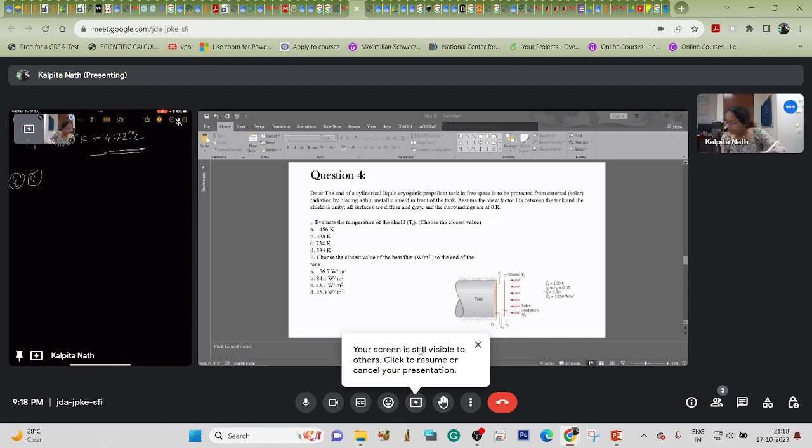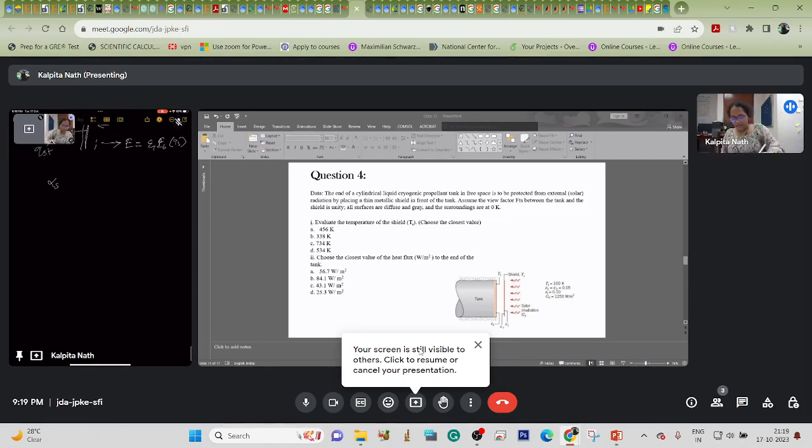So for this question, first of all, if this is the surface, let this be the surface temperature. The heat falling on the surface will be absorbed, alpha will be absorbed by the surface and go inside, and this is the emission of the surface, the emissive part, epsilon 1 E_b of Ts. Now Q_ST double dash is the flux exchanged between the cylinder and the shield.